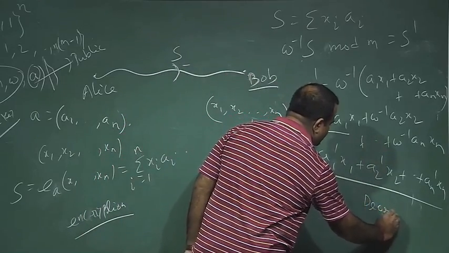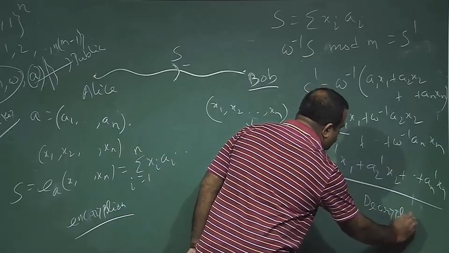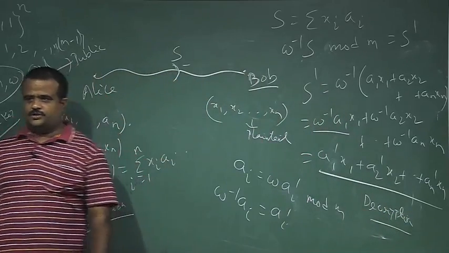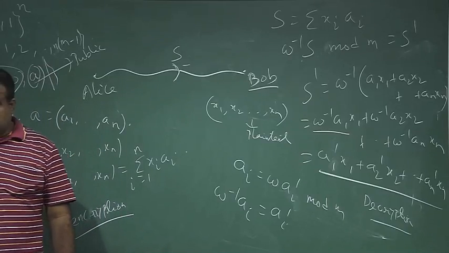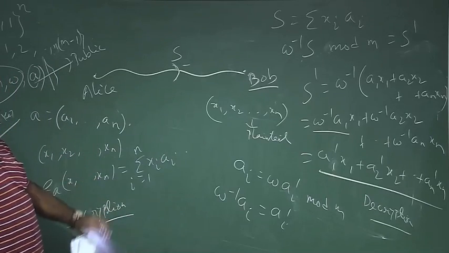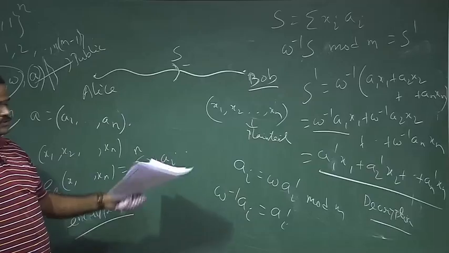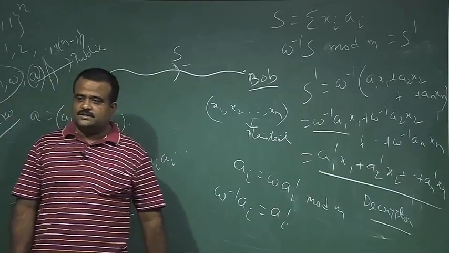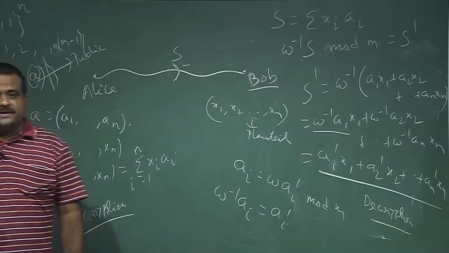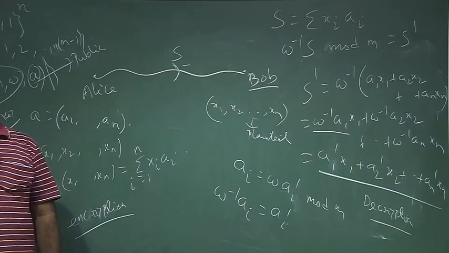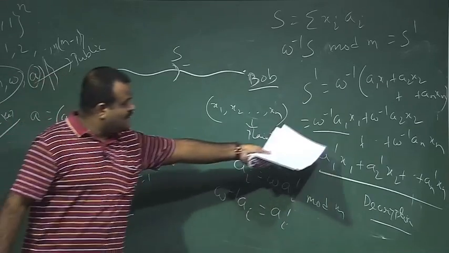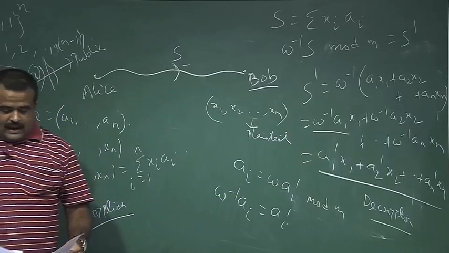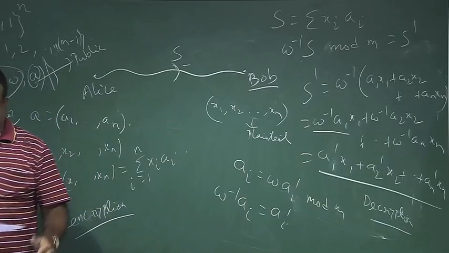So this is the knapsack cryptosystem where Bob originally chooses a super increasing sequence, destroys the super increasing property, and at the decryption phase gets that property back.